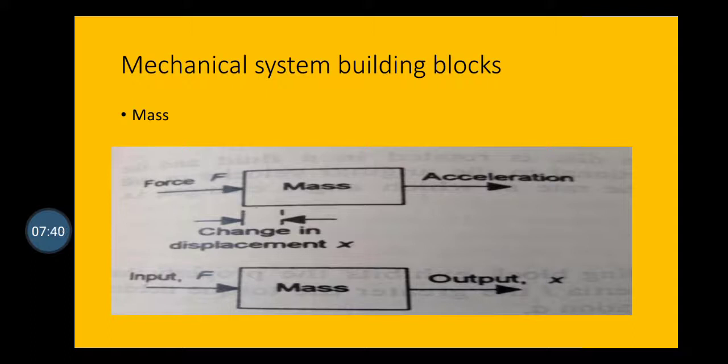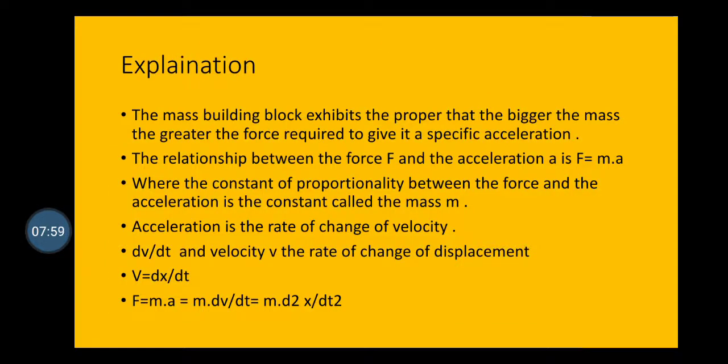Next one, mechanical system building blocks: mass. Here the force is applied on the mass, resulting in a change in acceleration, that is, a change in displacement. The mass building block exhibits the property that the bigger the mass, the greater the force required.